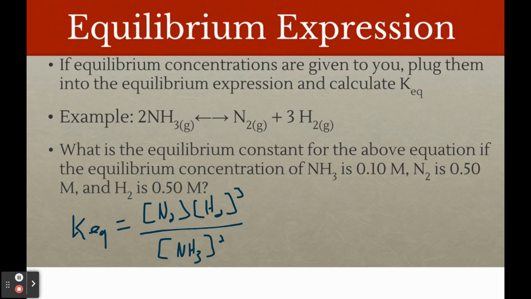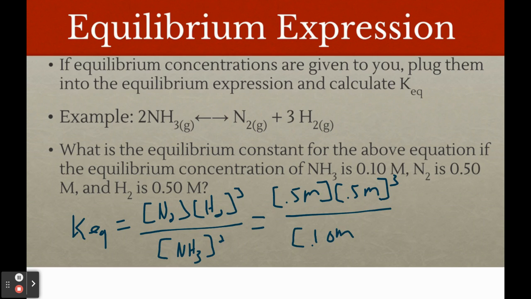So now we're going to plug our concentrations in. And now you can plug that all into your calculator and calculate it, and you should get 6.25, and the equilibrium constant has no units.